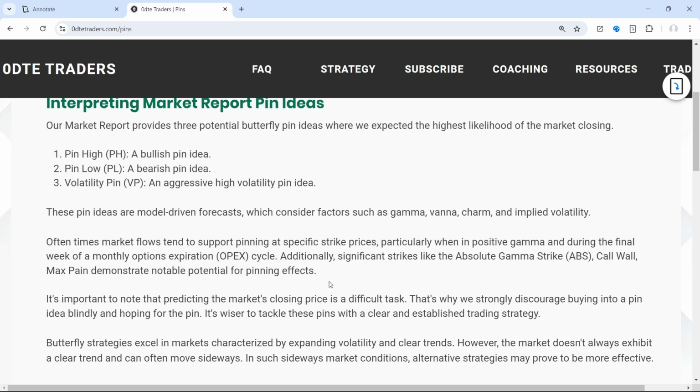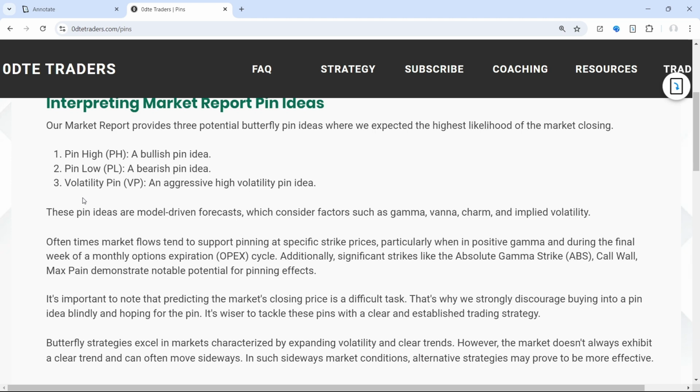And then we have volatility pins. So this is VP, and this is an aggressive type butterfly play, and it could be positioned on the upside, it could be positioned on the downside, but is generally associated with high volatility. With that said, it is generally positioned outside of the 1 standard deviation range for the day, so beyond that implied high metric or beyond that implied low metric.